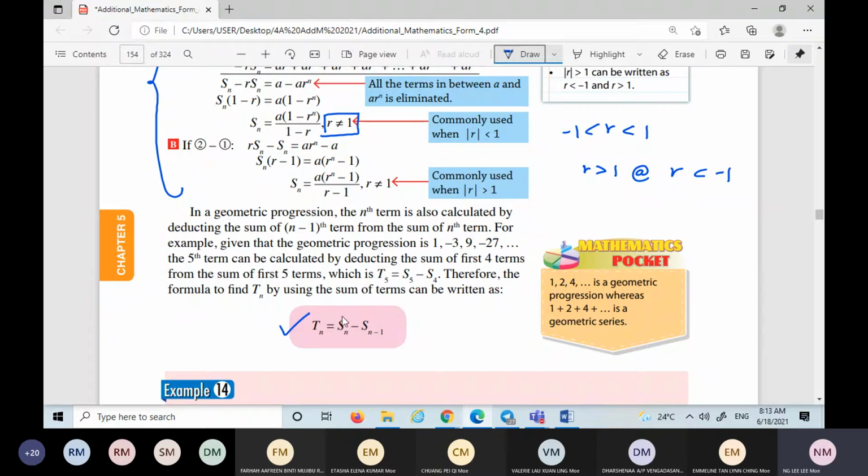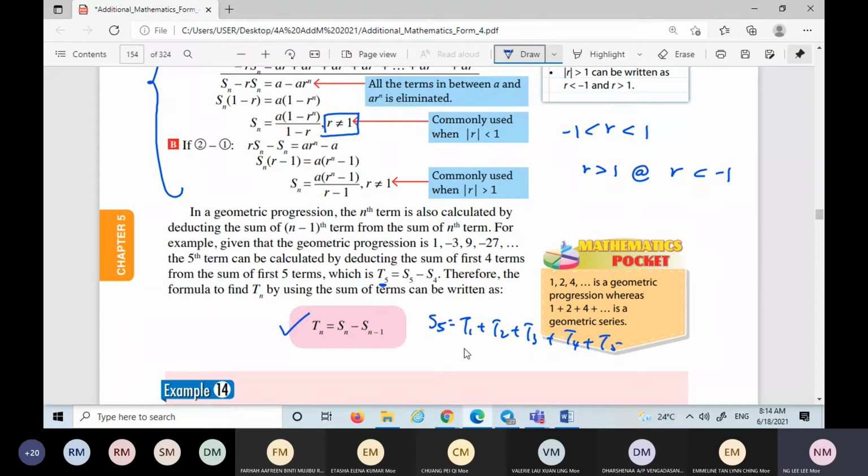Okay, Tn is equal to Sn minus Sn minus 1. Example here, T5 is equal to S5 minus S4. Never mind, I can show you one more time. S5 means T1, T2, T3, T4, and then T5.